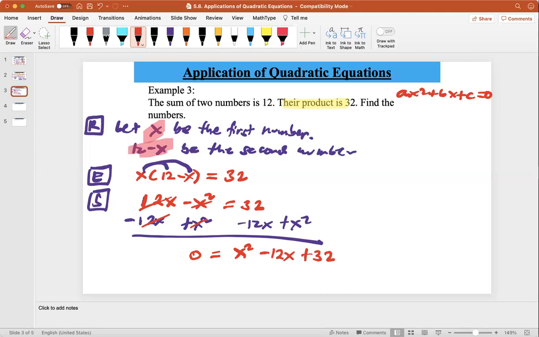Can we factor this one? All right, let's factor. We have 32, sum is negative 12. How will you get a positive number? It could be positive times positive, right? Your product is 32. So it can either be positive times positive or negative times negative. Which one must we use?